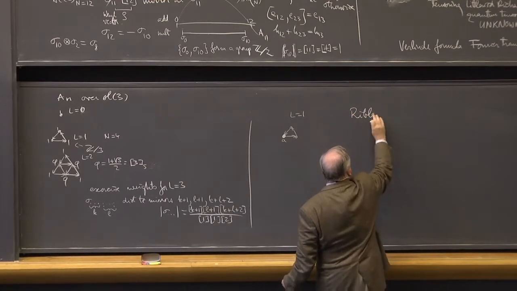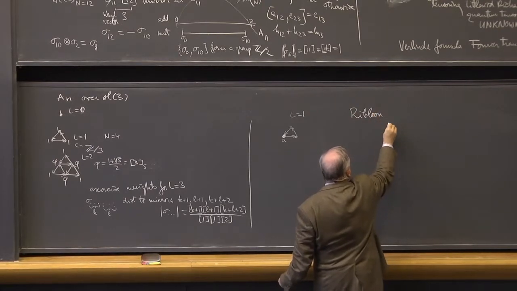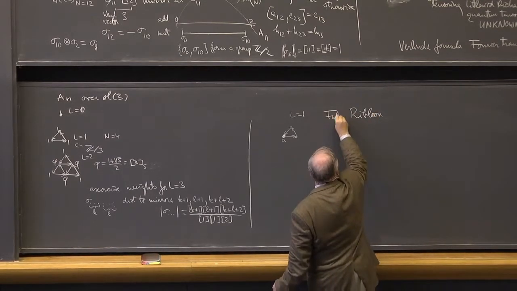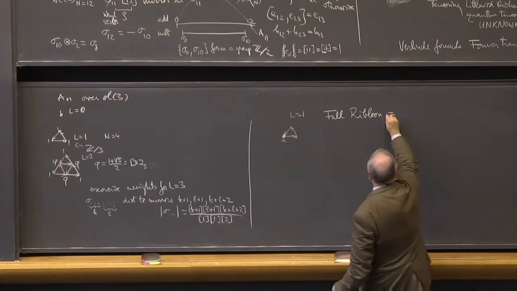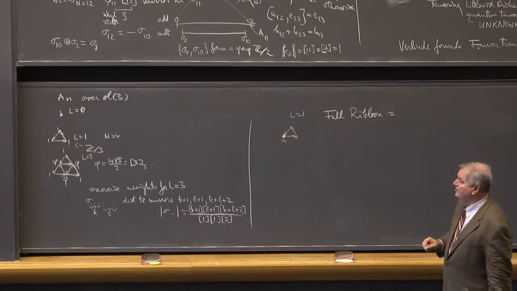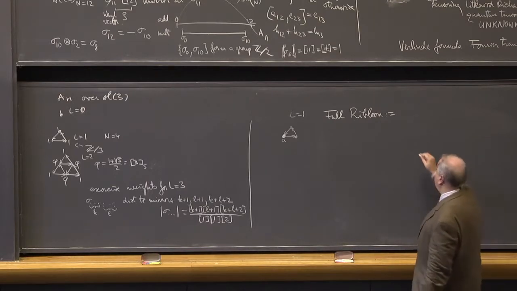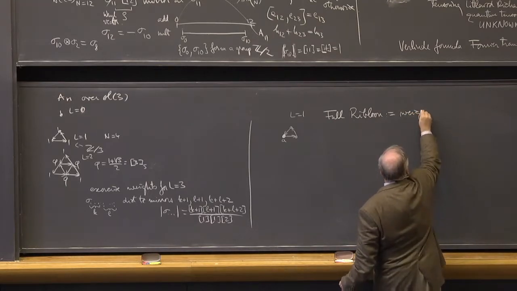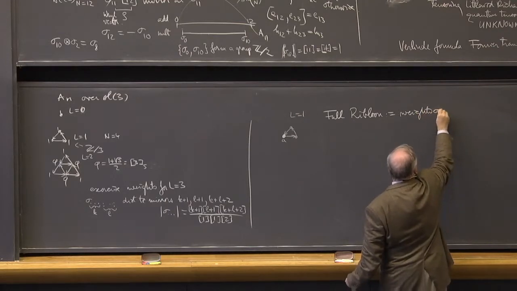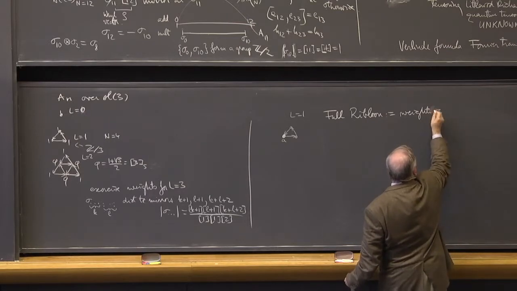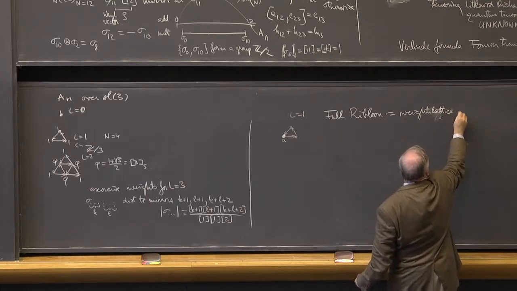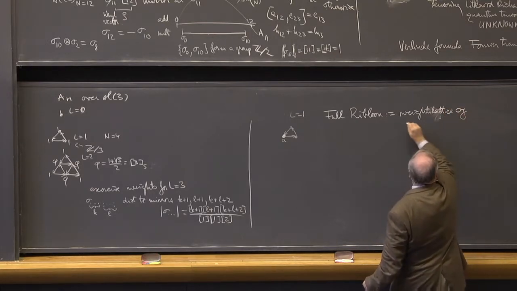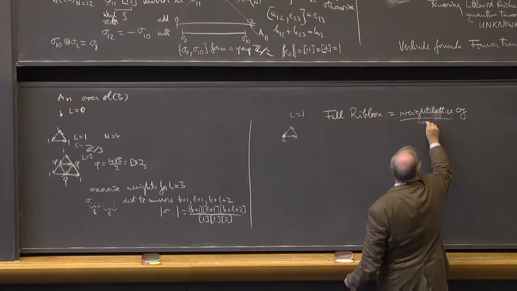Actually, we can just define it. The ribbon, and this is the full ribbon, is defined as simply the Cartesian product between the weight lattice of G, and these we'll call weights.